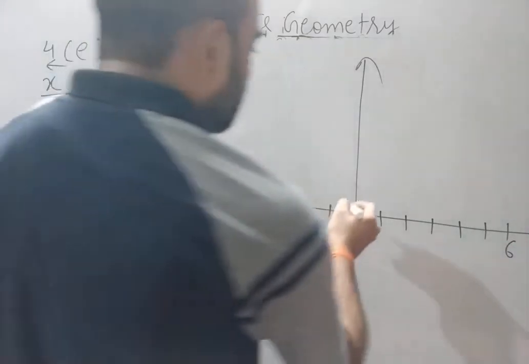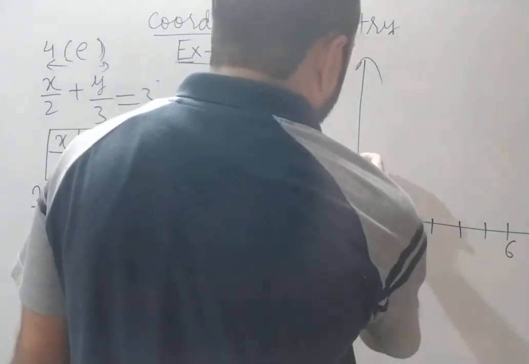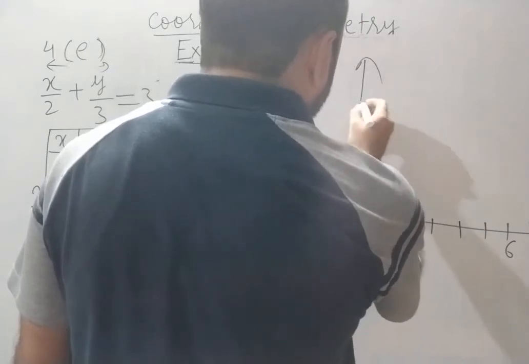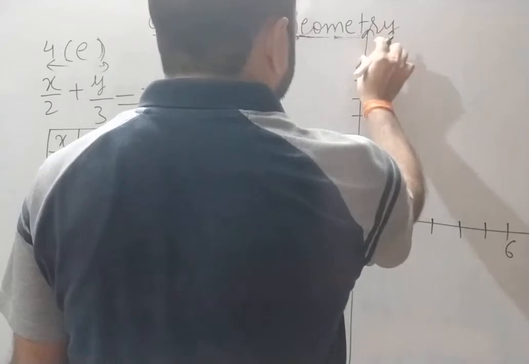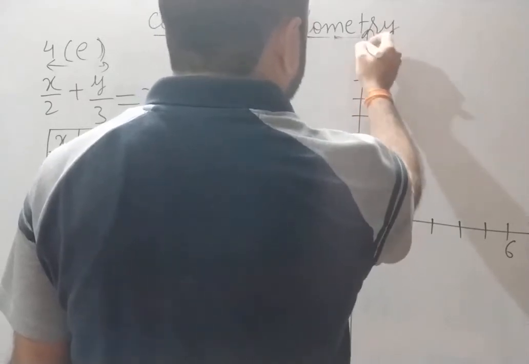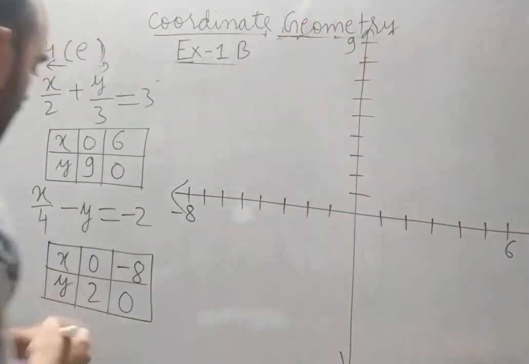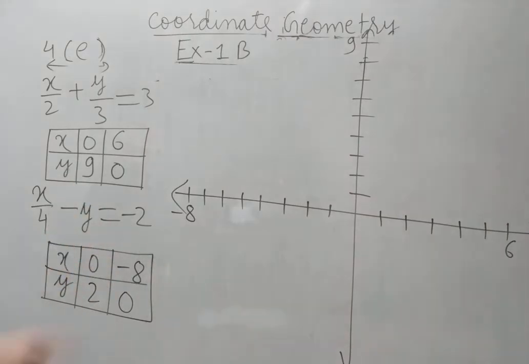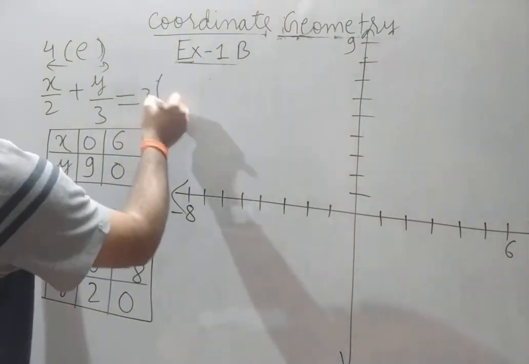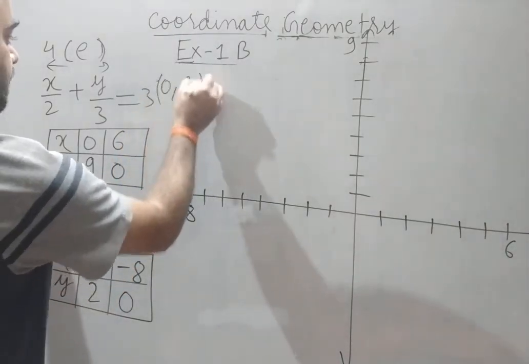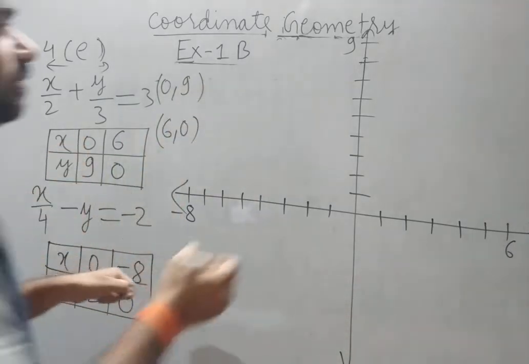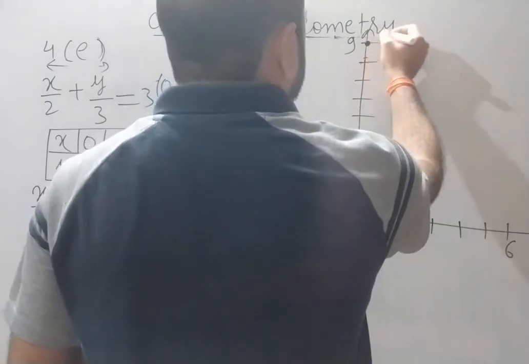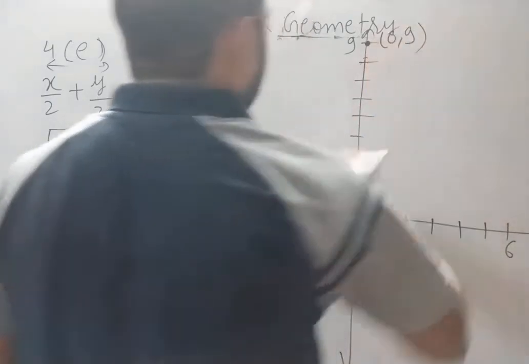So 9 means 1, 2, 3, 4, 5, 6, 7, more are required, 8, 9. So this is 9 and 2 and negative. Okay. So first point, see here, is 0, 9 and 6, 0. So plot 0, 9, this is the point 0, 9. Correct?